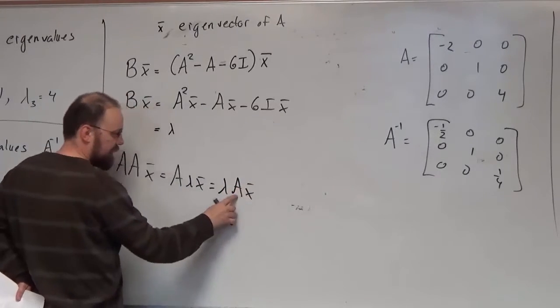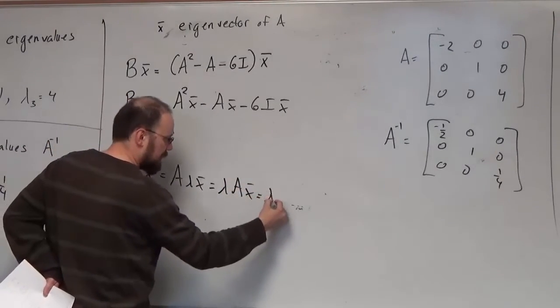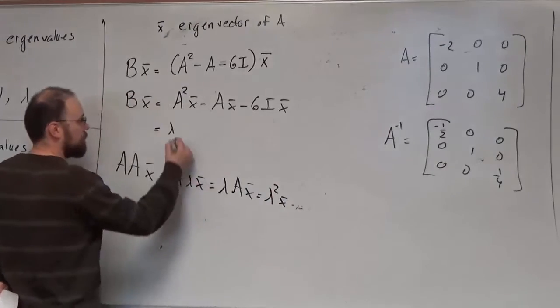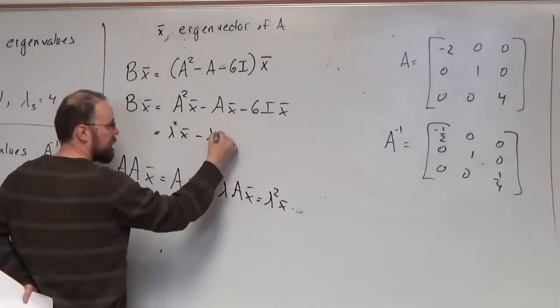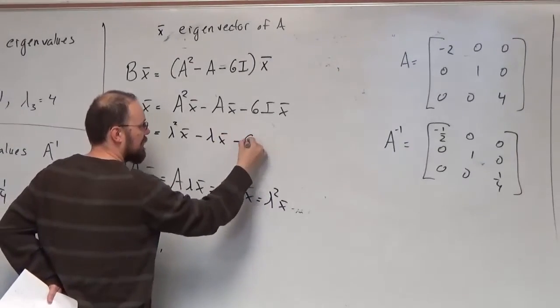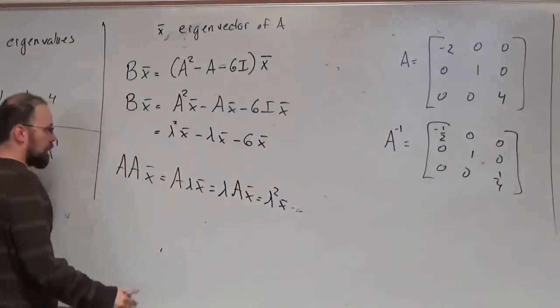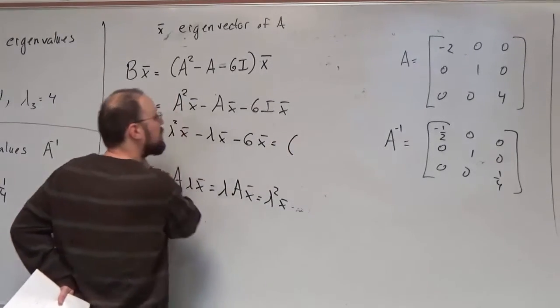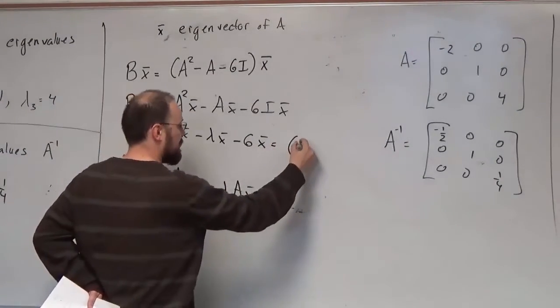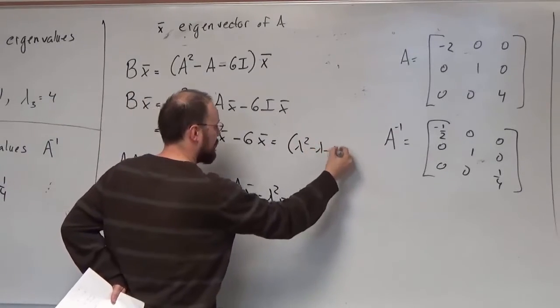And then we have A times x is lambda again, so we get lambda squared x. Here we get A times x is lambda x, and this is simply 6 times x. And notice that you can now think of this as lambda squared minus lambda minus 6 times x.